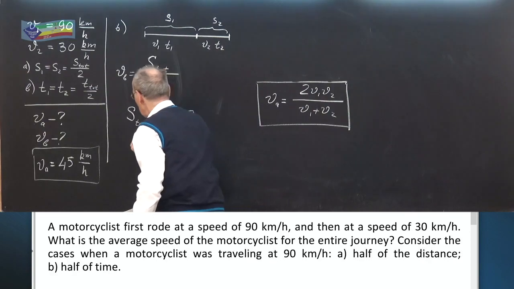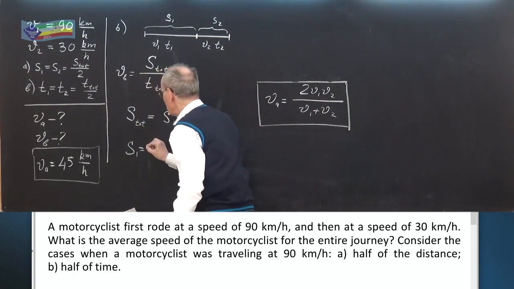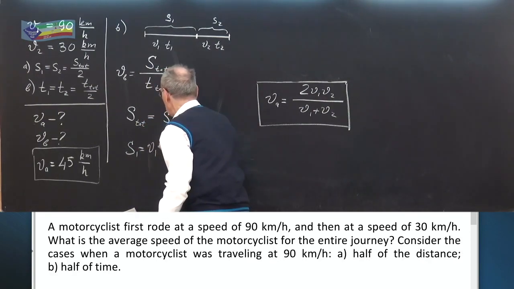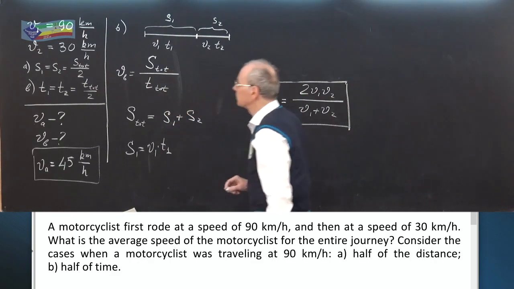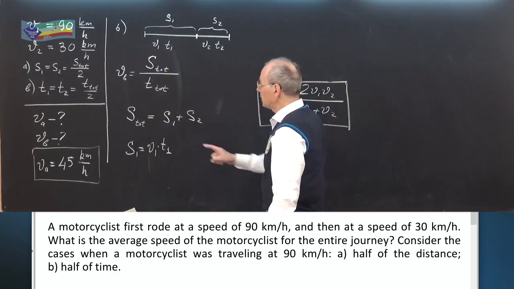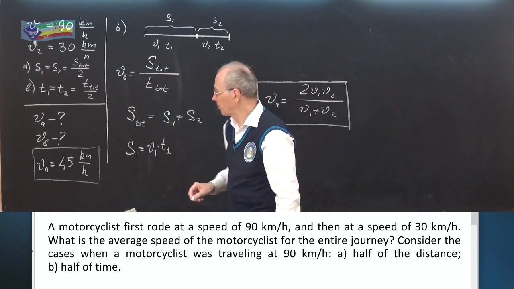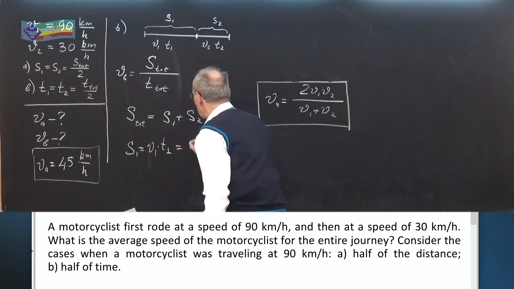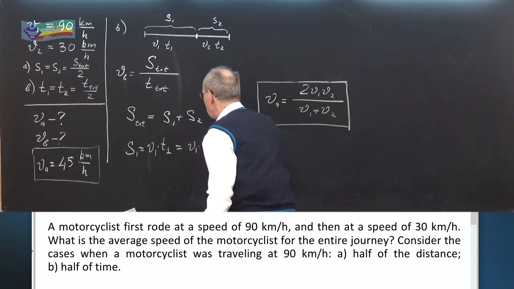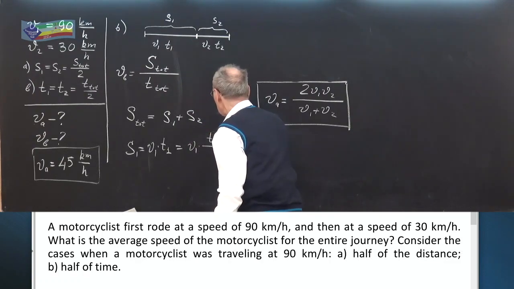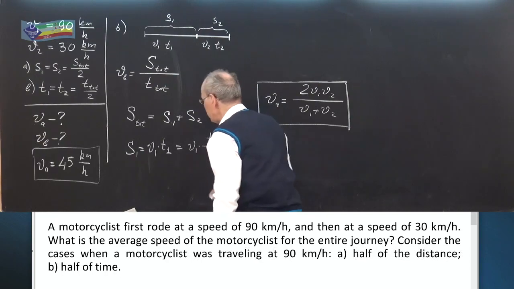S1 equals V1 times T1, but T1 equals half of the total time. So we can write V1 times T total over 2.